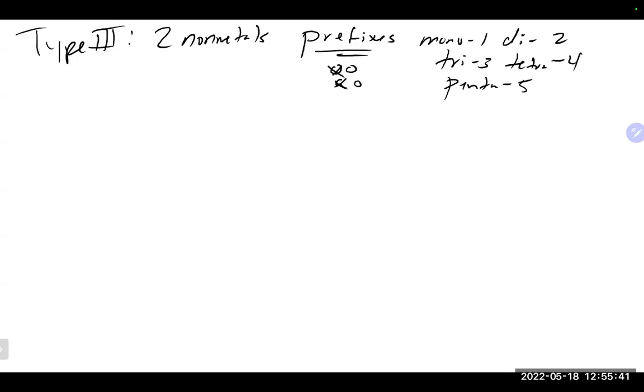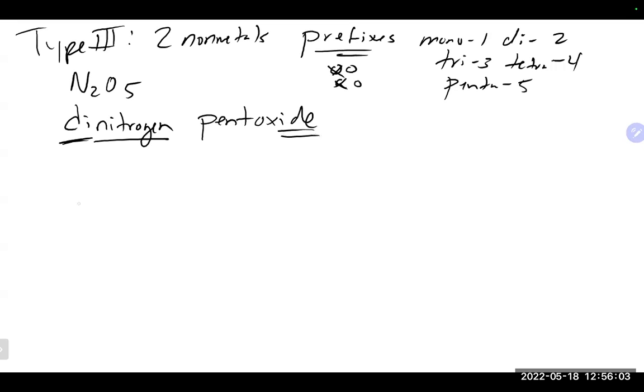So this one is pretty simple in the sense that you do not have to figure out charges or balancing things. So like N2O5, that would be dinitrogen, whole name of the first element along with the prefix. Second guy gets the prefix. We're going to drop the A here, and it gets the IDE at the end of it.